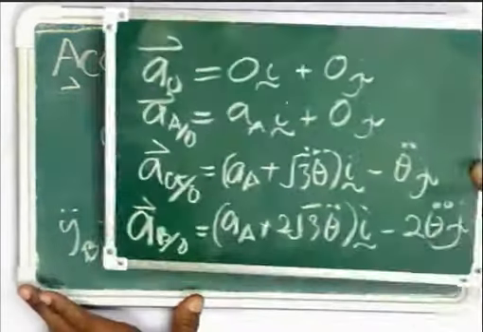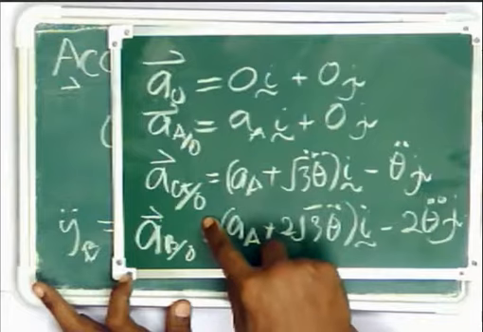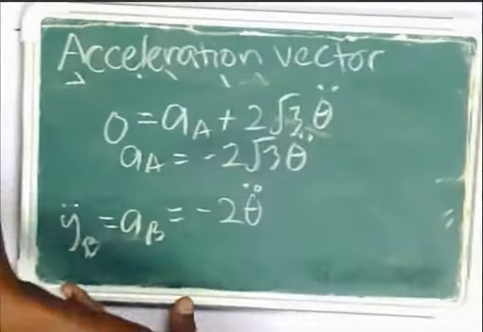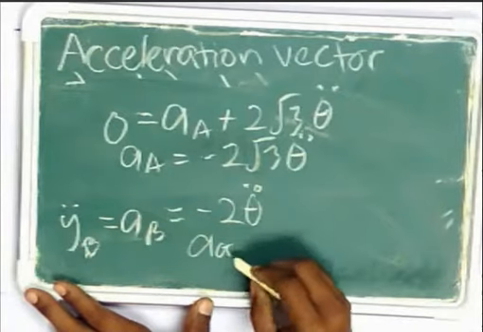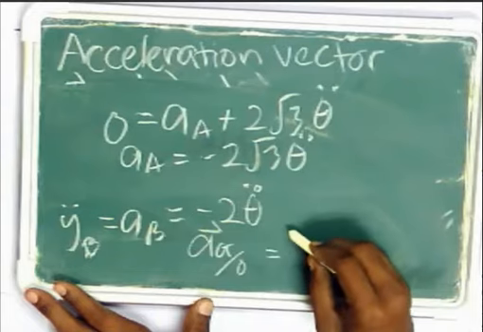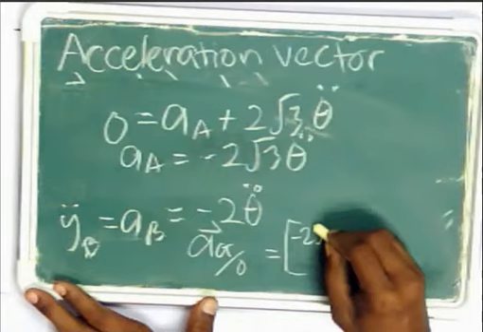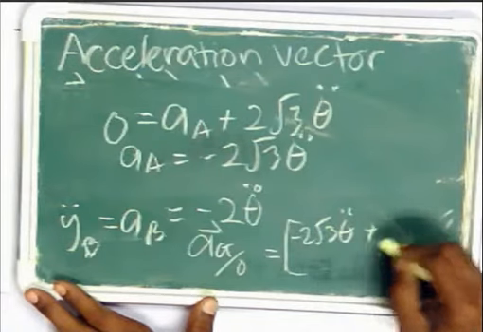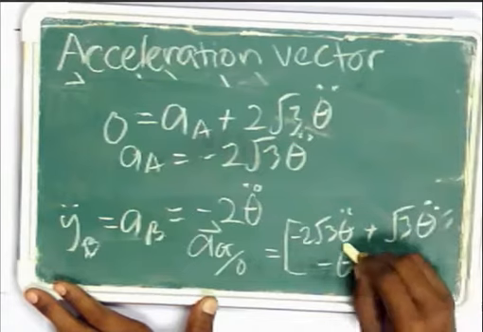When we have this value, we can include it inside our equation. Then we get the absolute acceleration of G. When A is given, we write in matrix form: minus 2 square root 3 theta double dot, plus square root 3 theta double dot, and minus theta double dot.